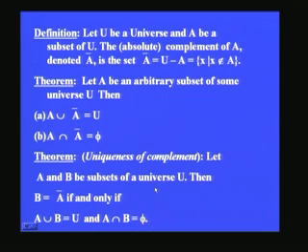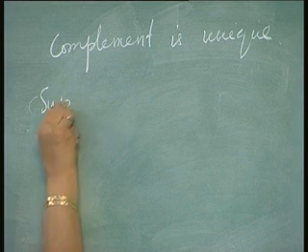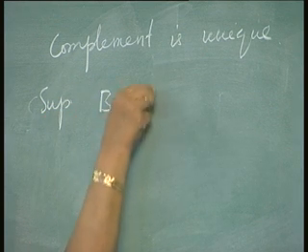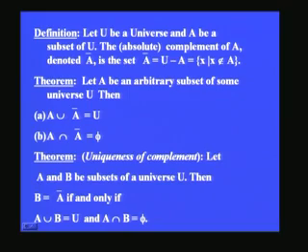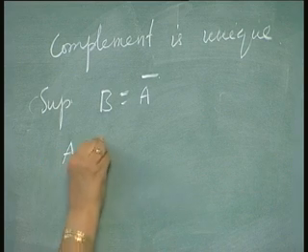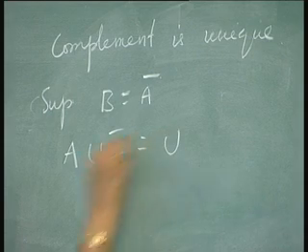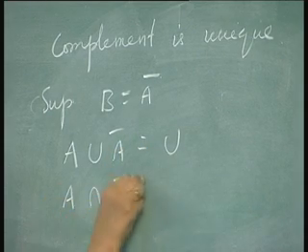Let us see how we can prove that. The theorem states if and only if, so you have to prove in both directions. So, suppose B is equal to A bar, then by the previous theorem, A union A bar is U and A intersection A bar is phi.